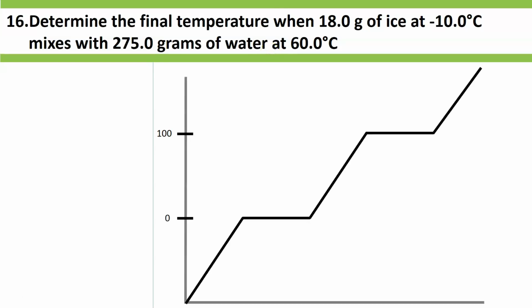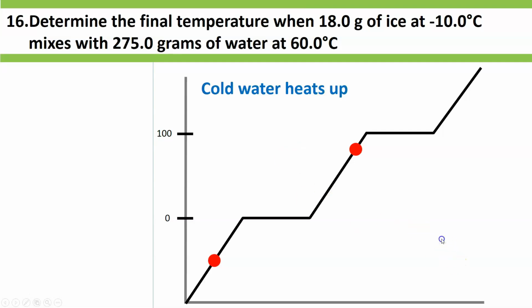So, let's do our little cartoon. We are starting at -10. We are also starting at 60. That's where this gets weird. Okay, we have one set of water that's going to be warming up. We have one set that's cooling down, and they'll meet somewhere here in the liquid area.